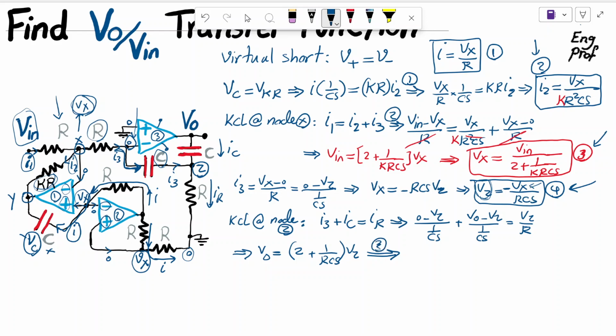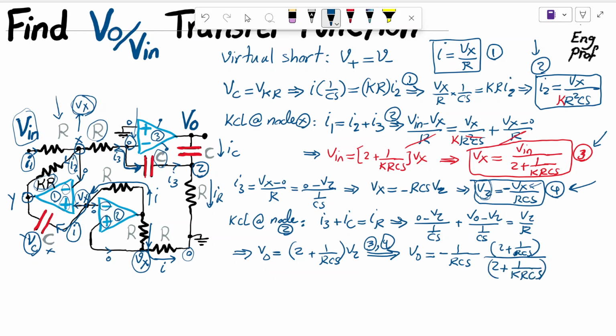So using equations 3 and 4, I get Vout is equal to minus, just to make sure I'm not dropping anything, 1 over RCS times 2 plus 1 over RCS, divided by 2 plus 1 over K RCS.